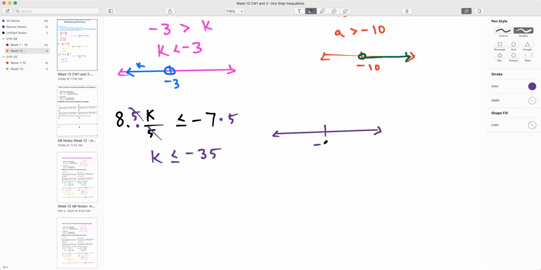So negative 35 is right here. K is also equal to negative 35, so we'll put a solid dot right there. And then it's less than, so that means it's going to go to the left, and that is what k is, all the values of k, and we're done.